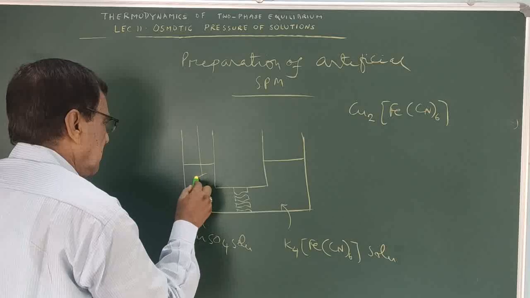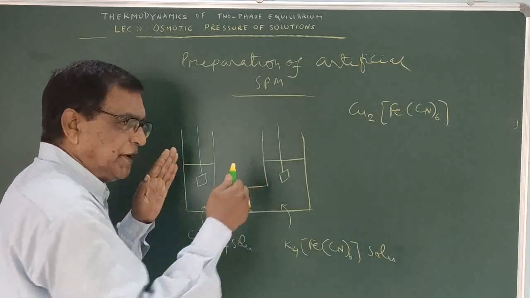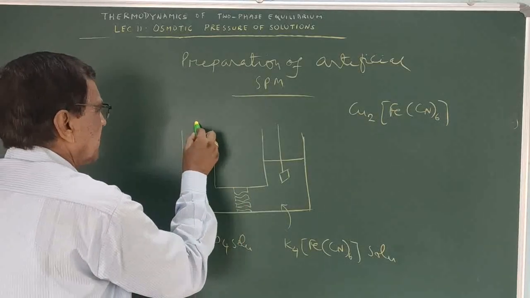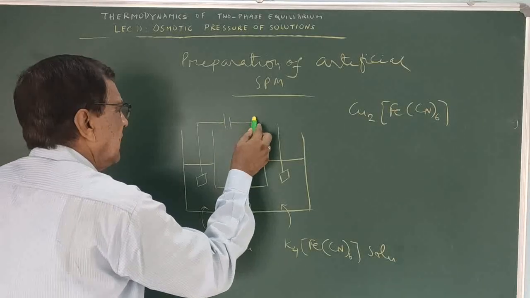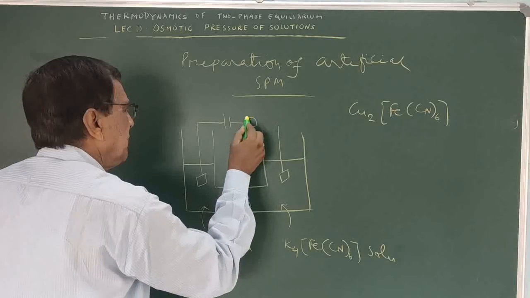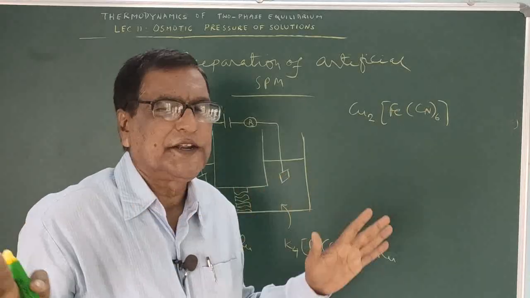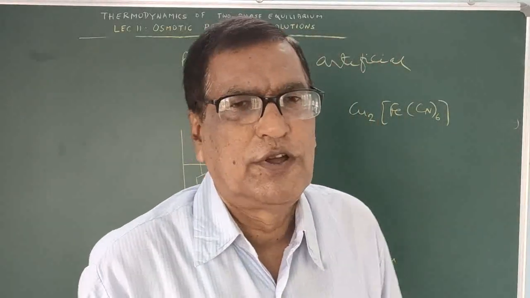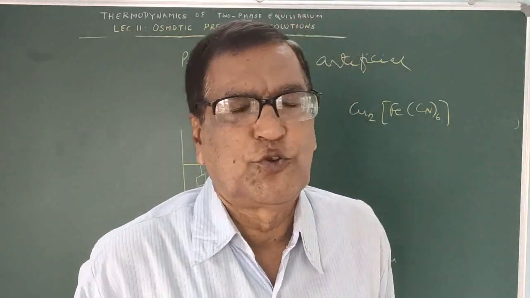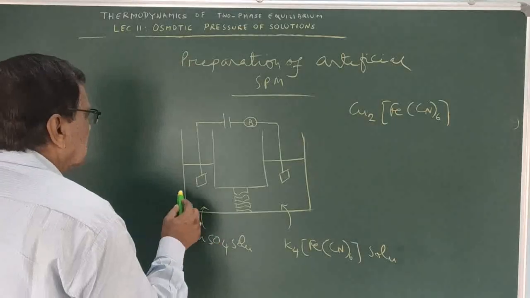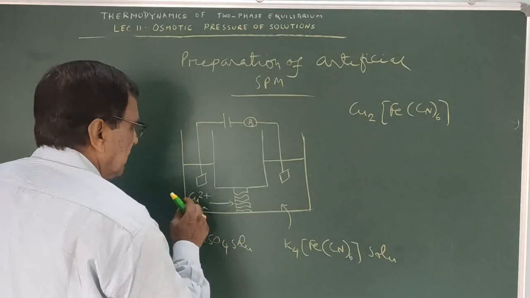But to accelerate the process, we need some driving force. Here is one platinum plate, and here is another platinum plate dipped, and these two are connected with a battery, and here is one electric bell. This electric field is inserted to accelerate the ongoing migration of copper ion and ferrocyanide ion. Copper 2 plus will move from left to right.